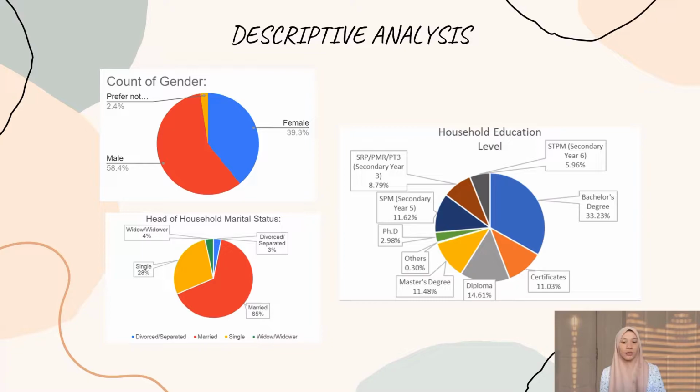The top household education is bachelor's degree at 33.23%, and the lowest is other education at 0.30%. We can conclude from this pie chart that most heads of household have a good education background.